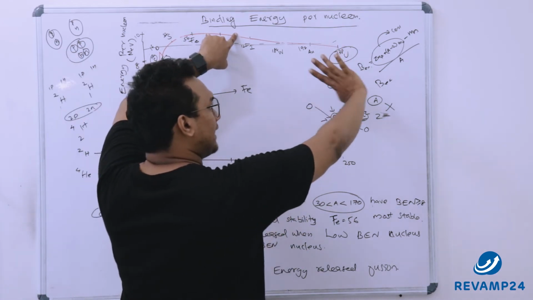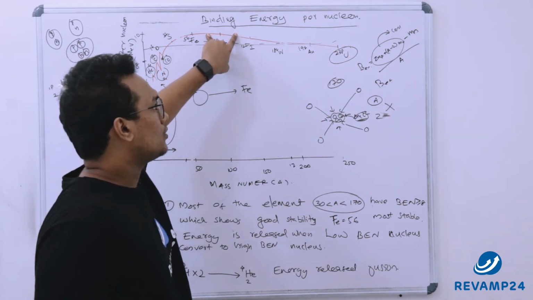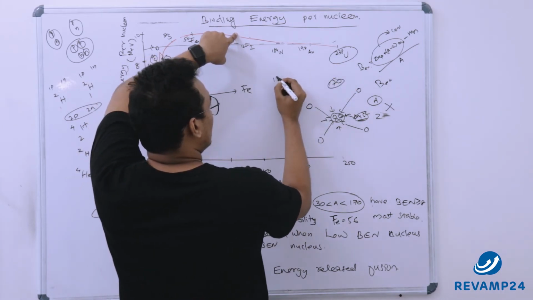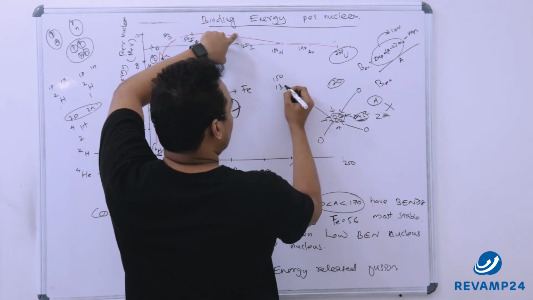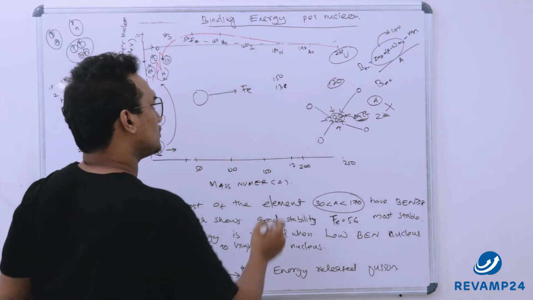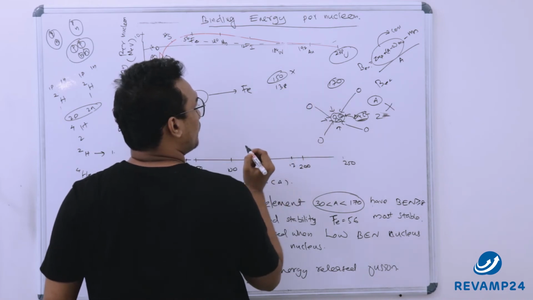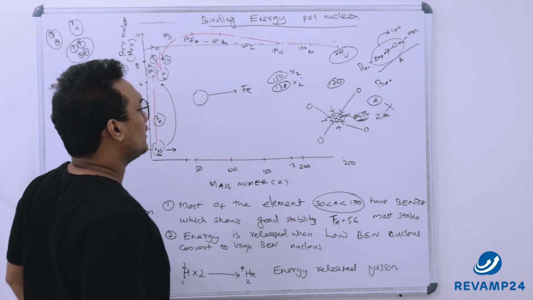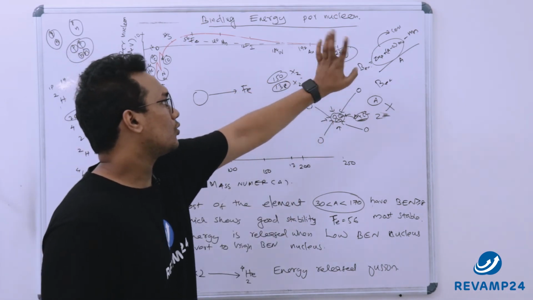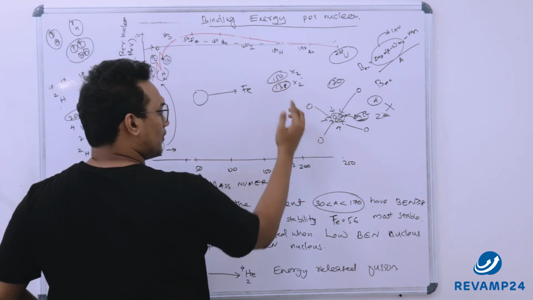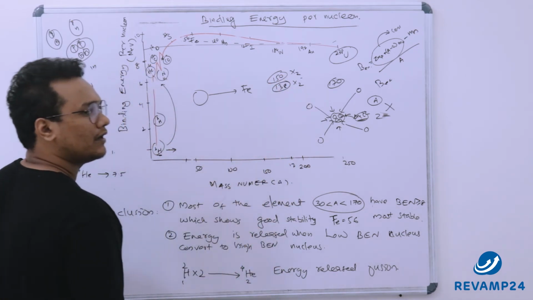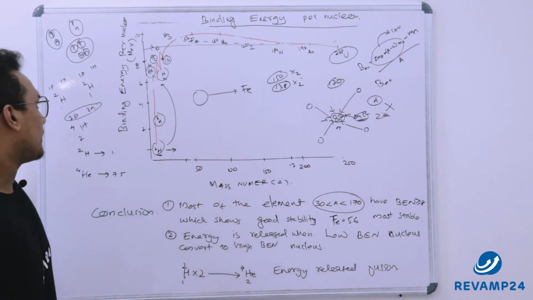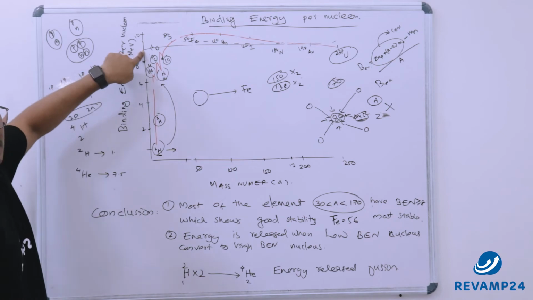For example, 238 has split into two nuclei of, for example, 150 and 138. Just for example. One element has a mass number of 150 and another has 138. Now 150 plus 138 is 238 itself. But anyway, 150 and 138 come before 170, so those have binding energy per nucleon greater than 8.